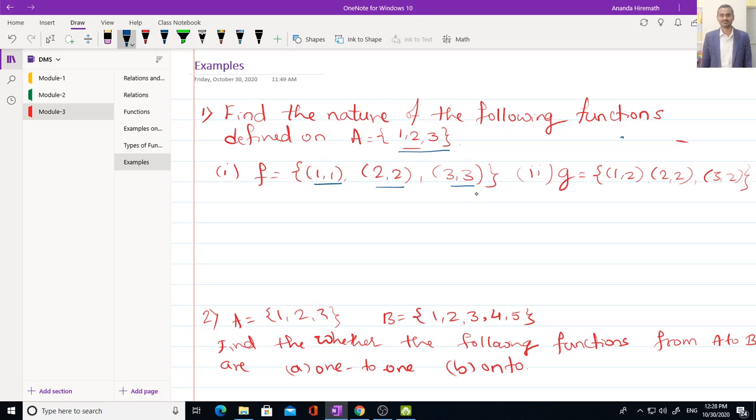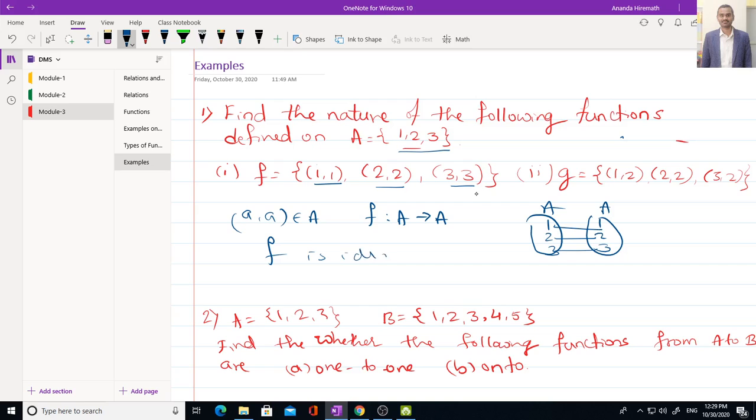If you observe, this is a function from A to A, because 1 is mapped to itself: 1 is mapped to 1, 2 is mapped to 2, 3 is mapped to 3. So the given function f is the identity function.